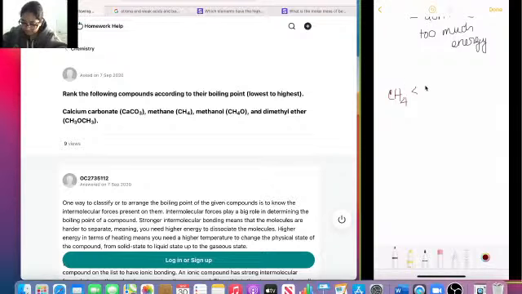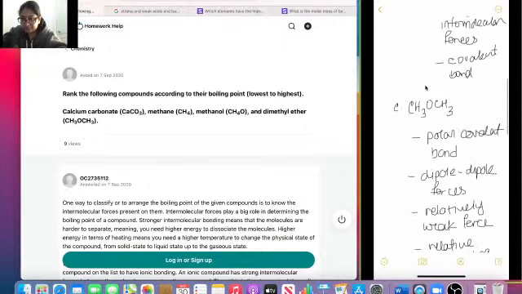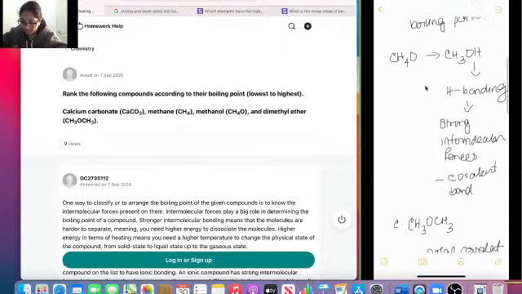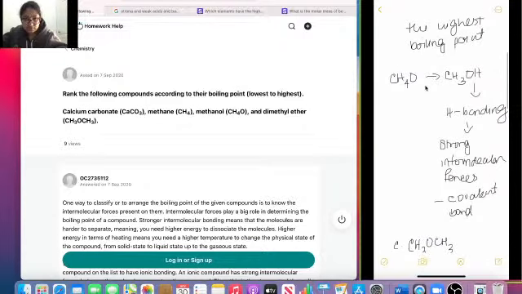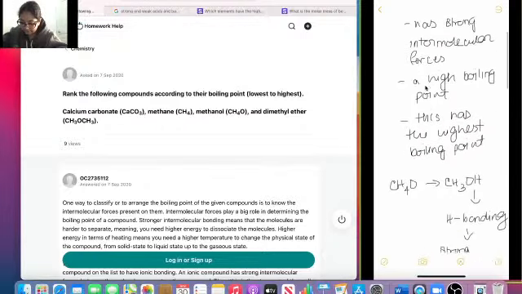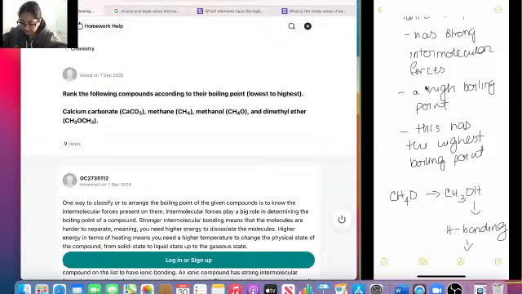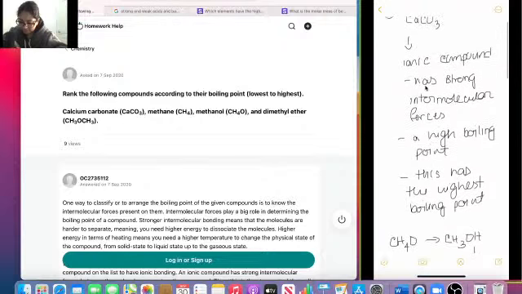And next we have to compare dimethyl ether with methanol and calcium carbonate, right? We can see that calcium carbonate has the highest boiling point, so this would be our last.